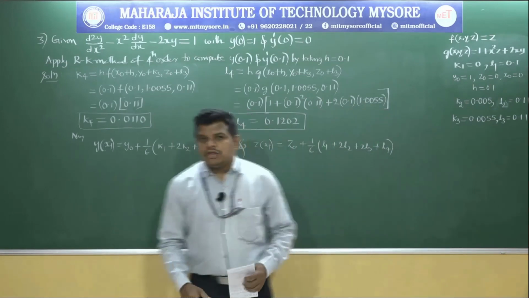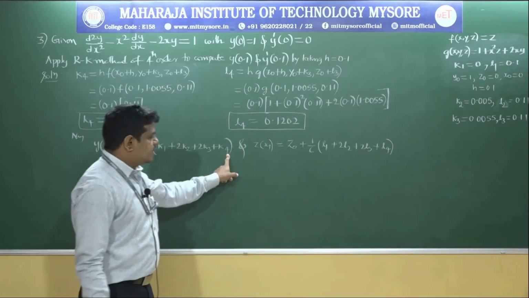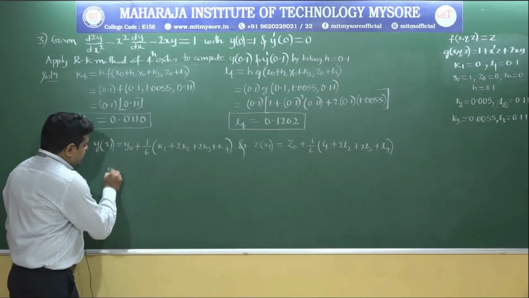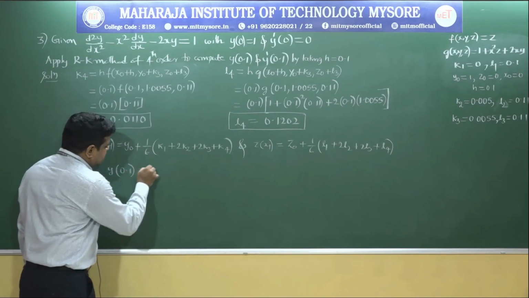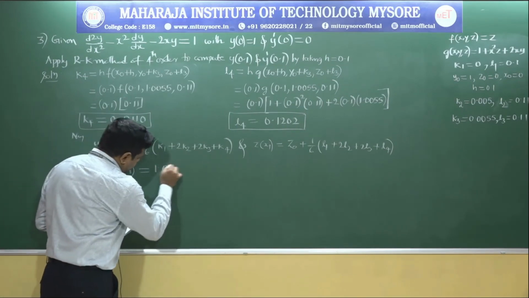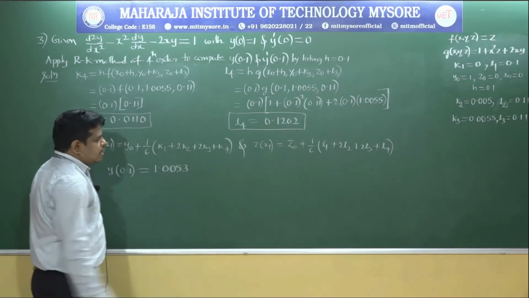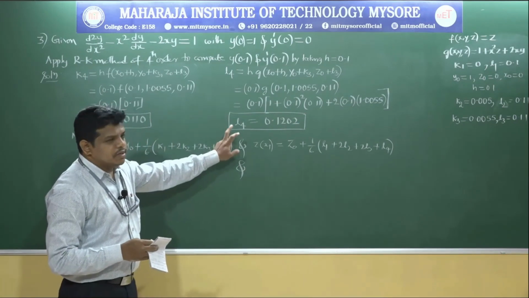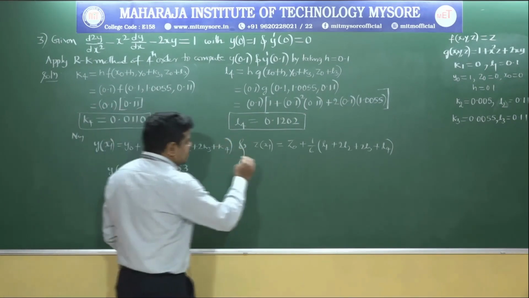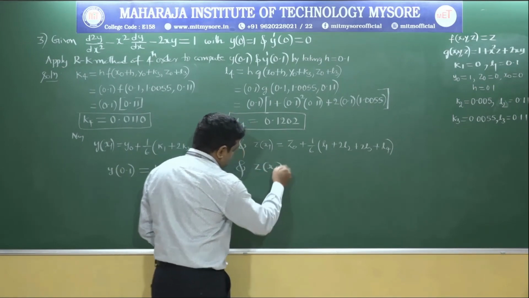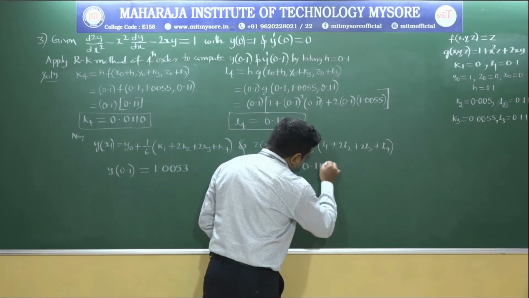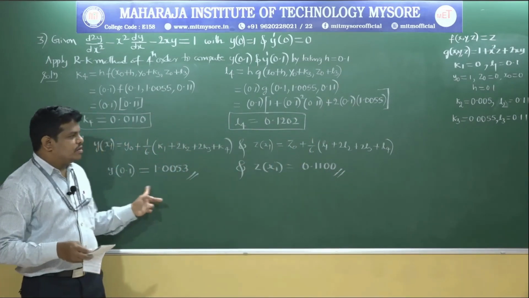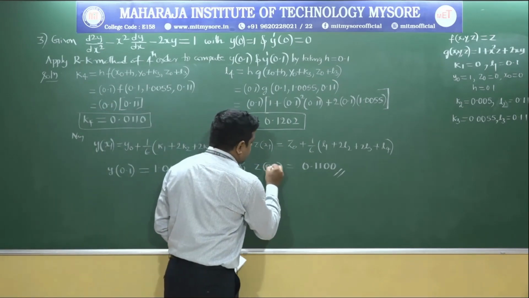Now we need to replace all the values of k1, k2, k3 and k4 in this formula, and simplifying we get y of 0.1 as 1.0053. Again replacing all the values of L1, L2, L3, L4 in z of x1, we get z of x1 as 0.1100. This is the required value for y of 0.1 and z of 0.1.